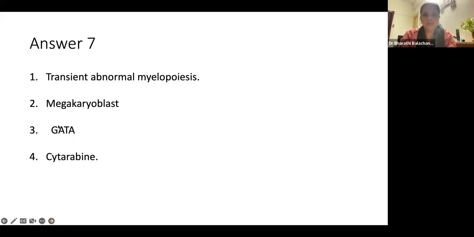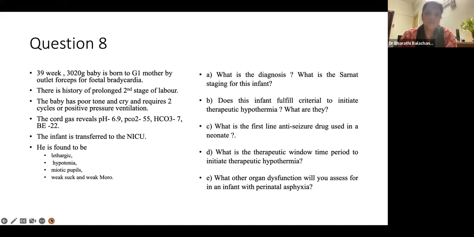And if that GATA mutation is positive, it is proving that it is transient abnormal myelopoiesis. And the drug of choice is cytarabine. So this transient abnormal myelopoiesis in many cases is completely curable, whereas in a small percentage, it can progress to acute myeloid leukemia.